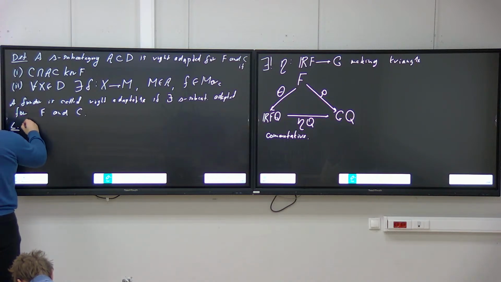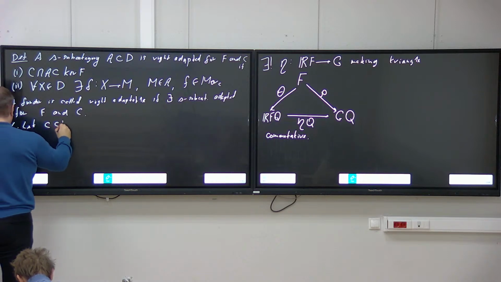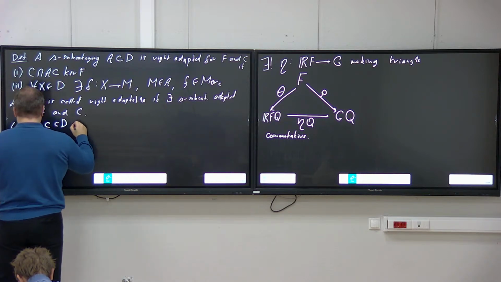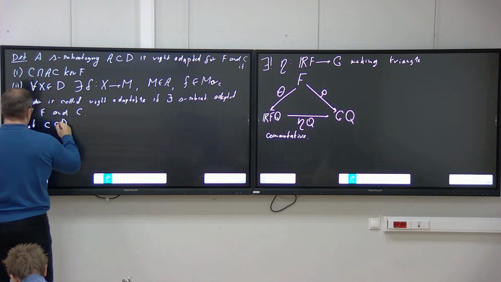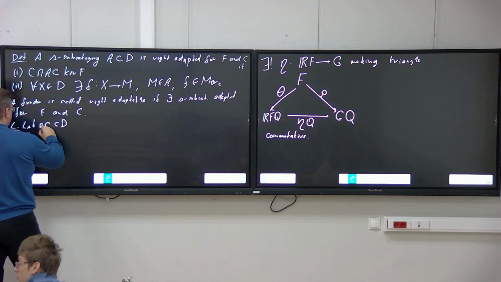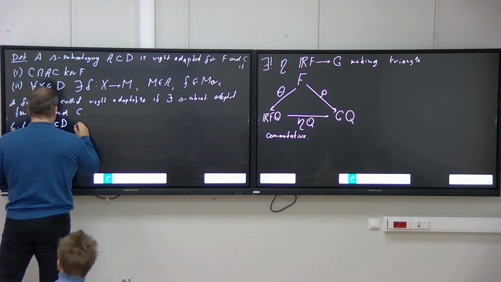So let A and C in D be triangulated subcategories.